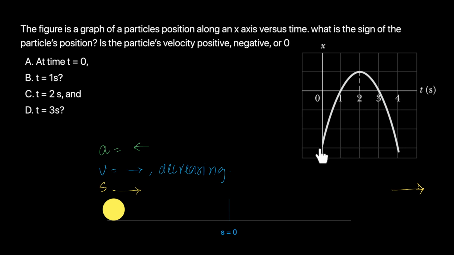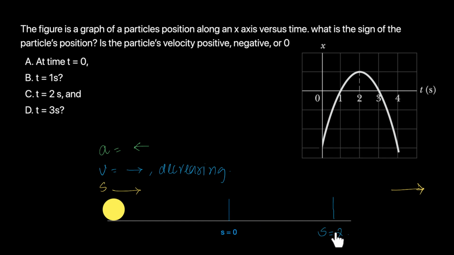And velocity is positive but decreasing till here. Then it's negative and increasing after it reaches point 2. Point 2 will be somewhere here. It'll slow down and reach that point and then go backwards.